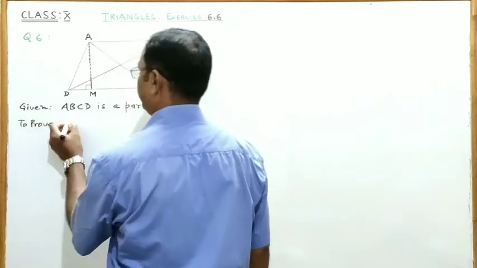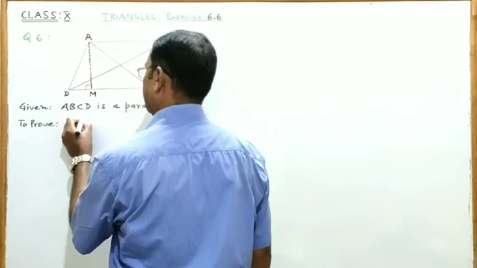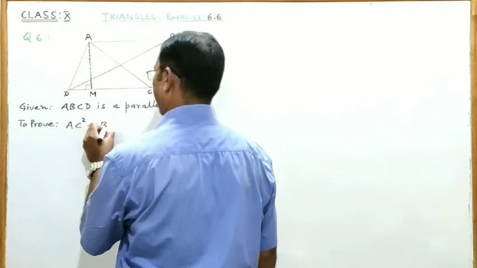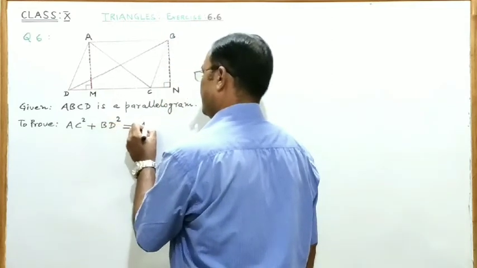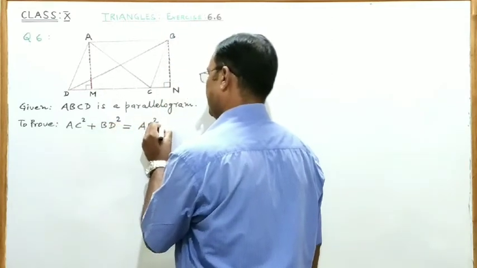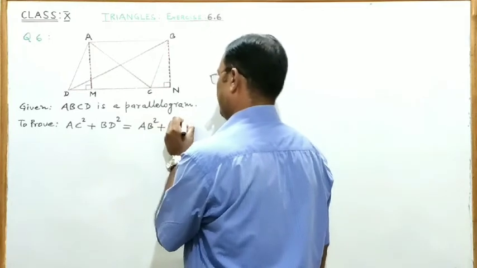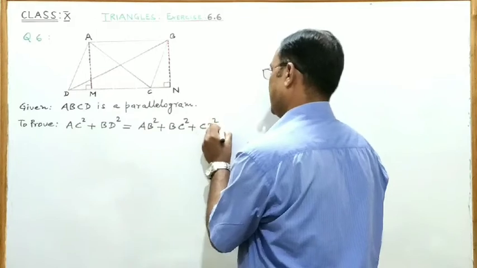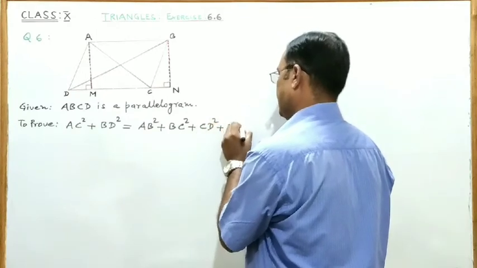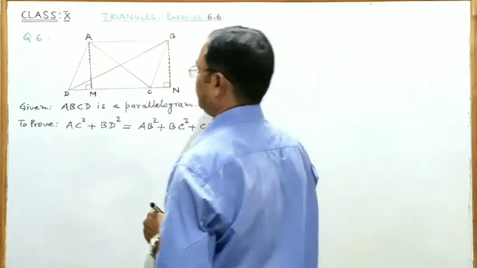To prove: AC square plus BD square equal to AB square plus BC square plus CD square plus DA square.